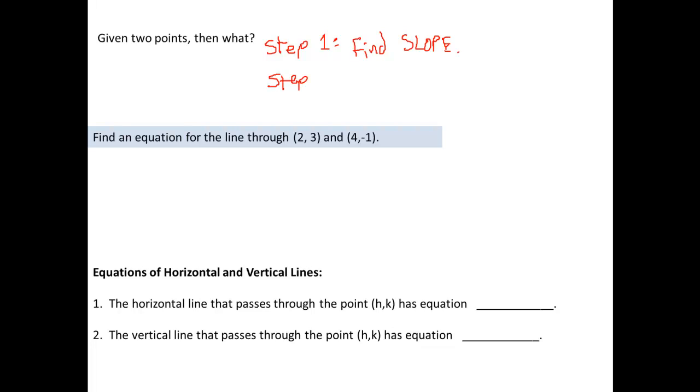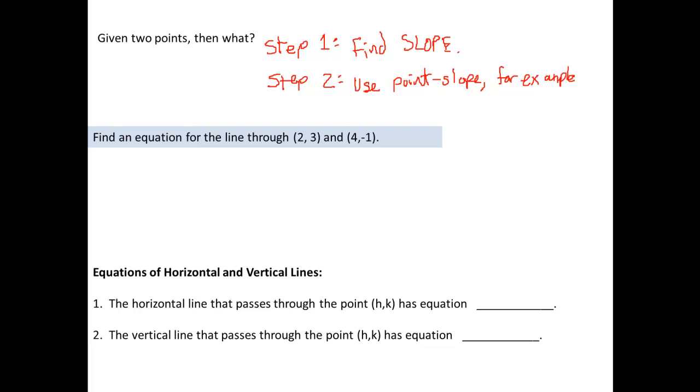And then step 2 is you have the point and you have the slope. In fact, you have 2 points, but you certainly have at least 1 point, and you have the slope. So I could use point-slope or one of the other formulas if you like. But I could use point-slope, for example, to get the equation of the line.